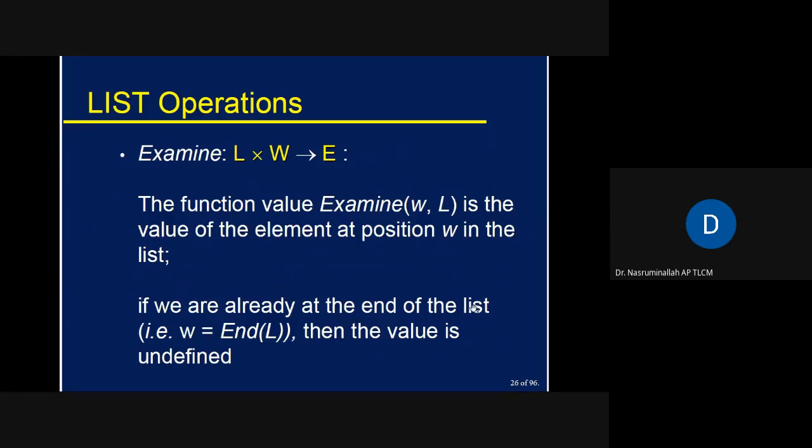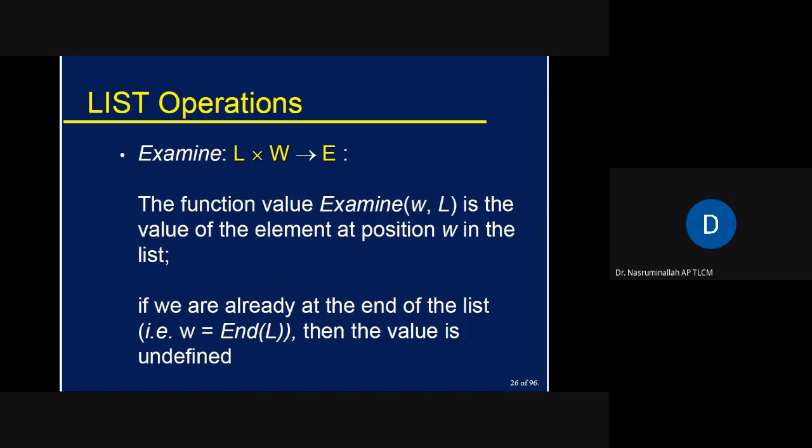Similarly, we need an operation that is examine. So if you have a focus on some specific element and you want to extract that element in order to examine it, then that can be performed using the examine operation.